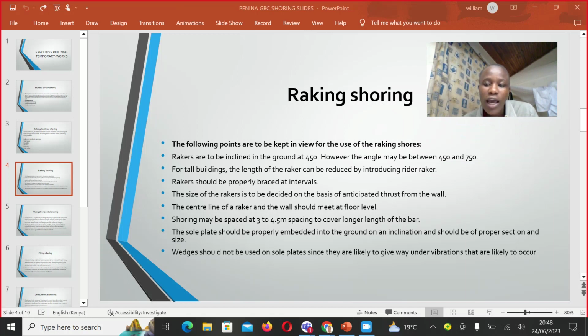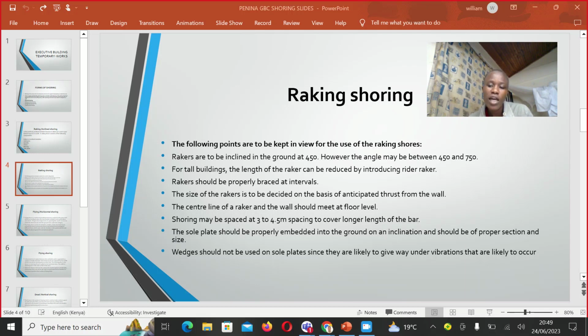That angle helps the raker to be more stable, because if you use an angle less or higher than that, your raker will not be stable. For tall buildings, the length of the raker can be reduced by introducing rider rakers. Rakers should be properly braced at intervals.